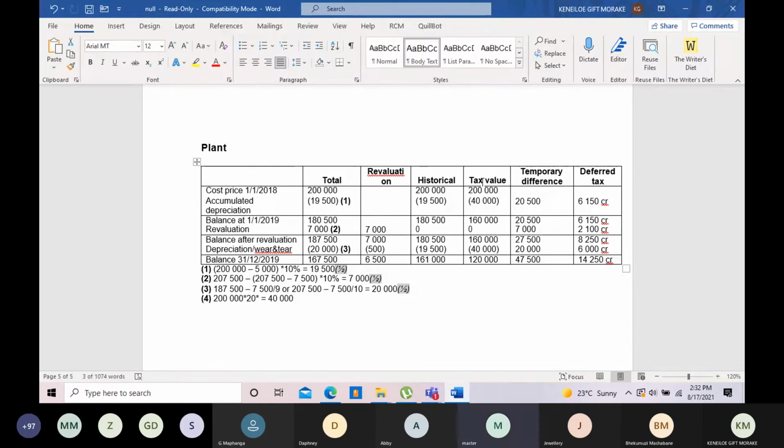So, having this 40,000, right? So now 200,000 minus 1,000, which is this one, because we are using the straight line method, so it doesn't change in the case of wear and tear, unless we were calculating the depreciation. But in this case, it doesn't change.